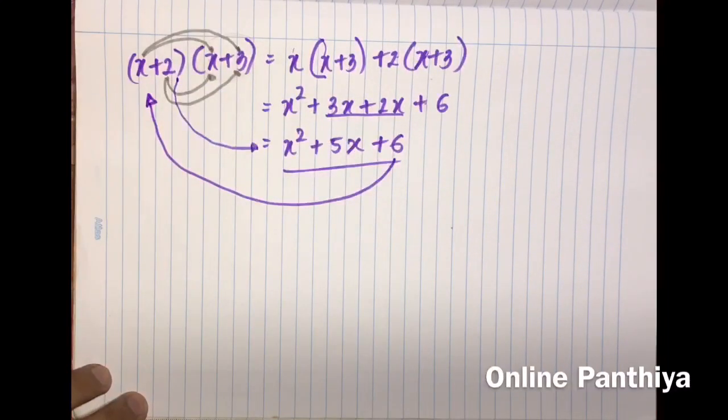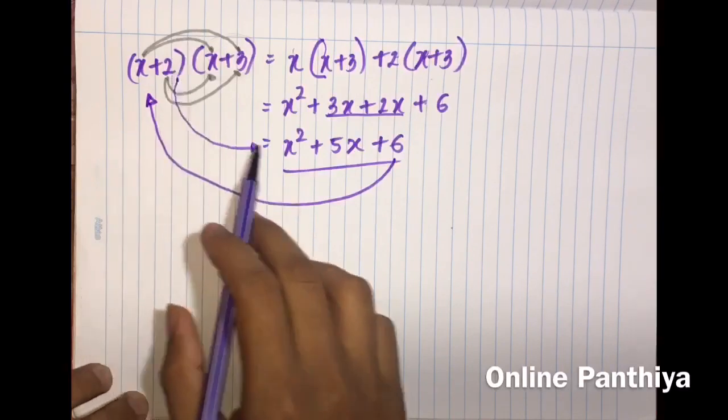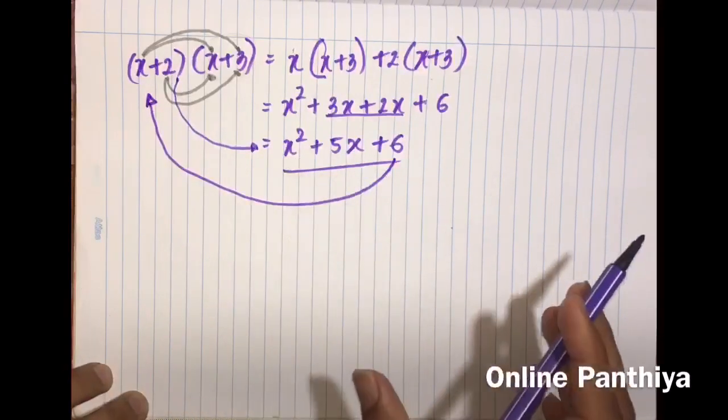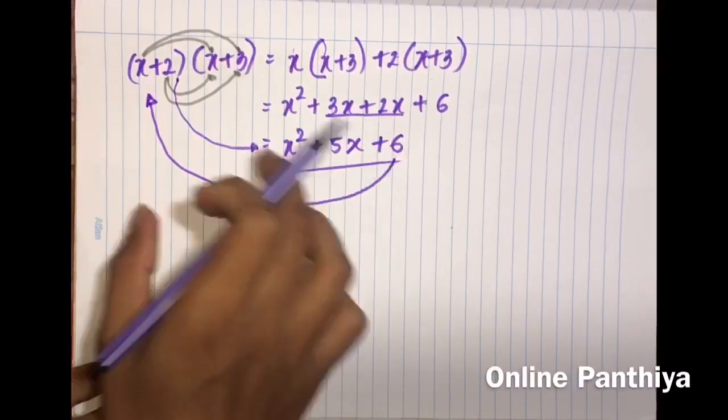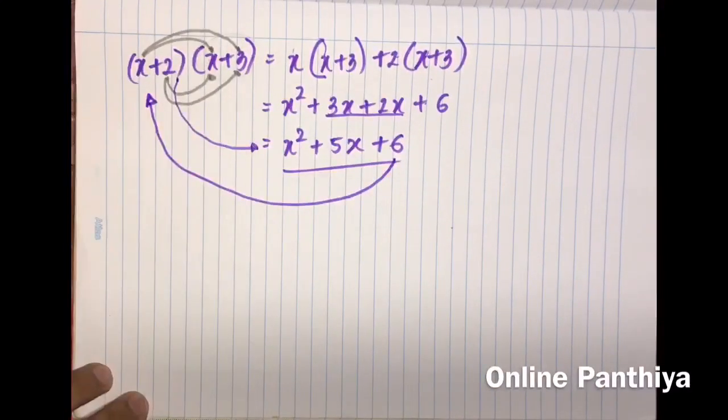Is that clear? You know how to solve all these types of questions, but now what we are going to study is how to proceed from this step to this step. Understand? Factorizing.